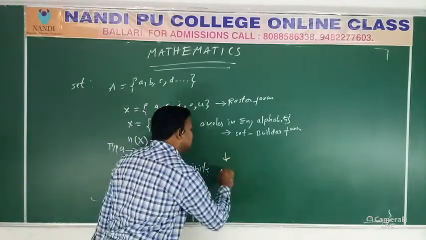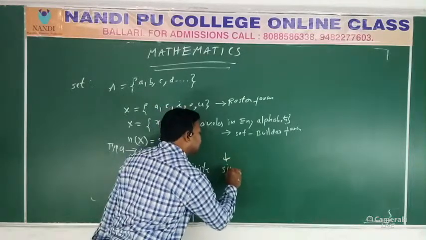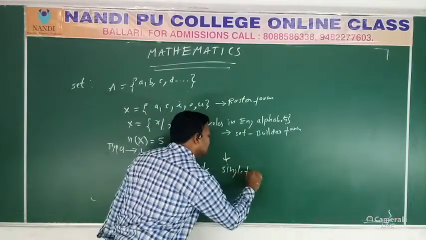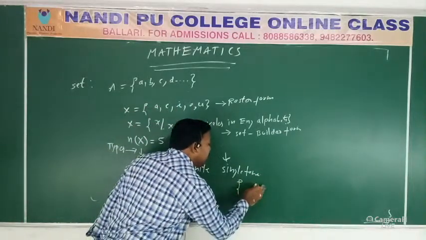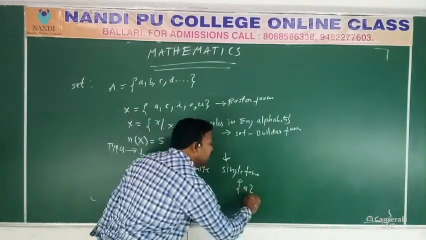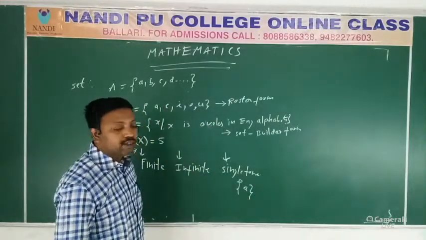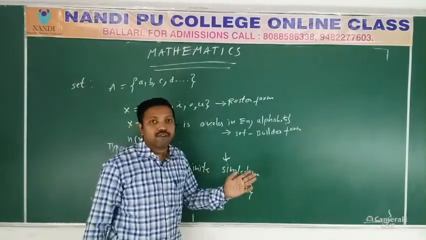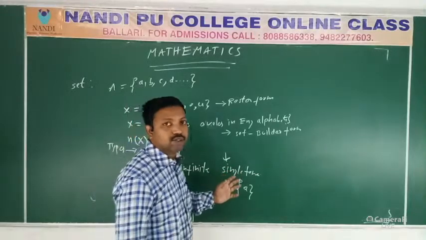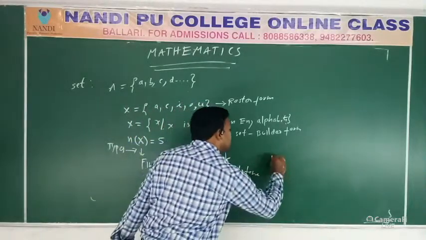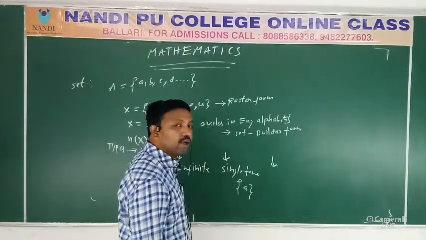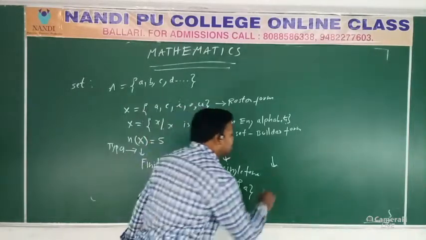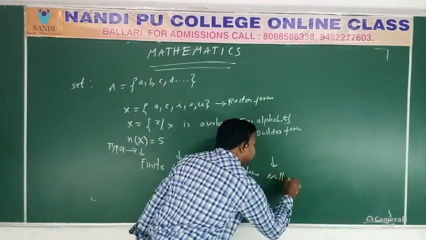Next one is the singleton set. What is the meaning of singleton set? If a set contains only one element, it is called a singleton set. These definitions they will ask for 1 mark also sometimes. So next, after singleton set, we learned about the empty set or null set.